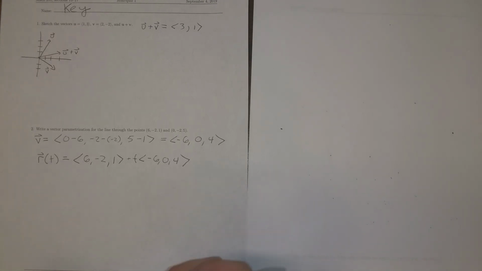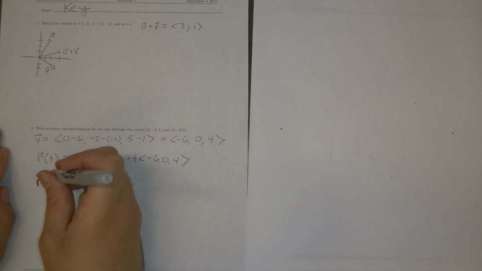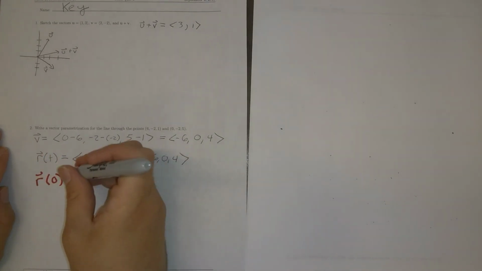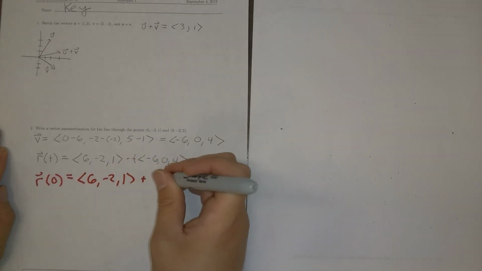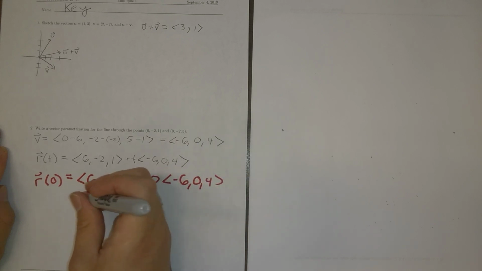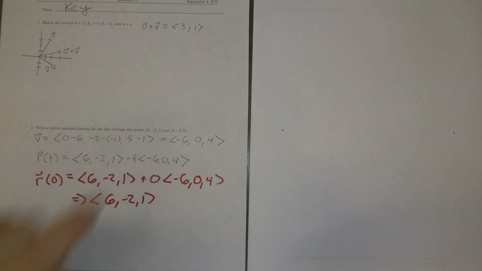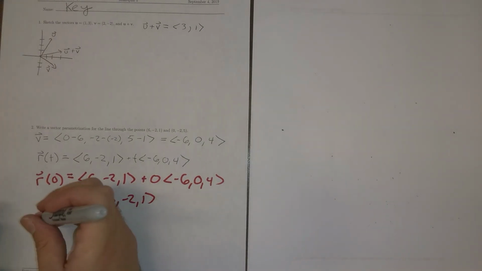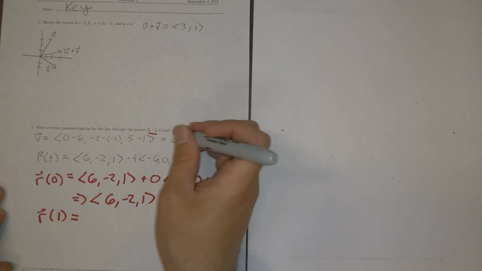The thing to just realize here is that different values of t will produce different points on the line. So r of 0 will give us (6, minus 2, 1) plus 0 times (minus 6, 0, 4). And so this just gives us (6, minus 2, 1), which corresponds to 1 point on the line. And we plug in r of 1, that should give us the other point that was given to us.